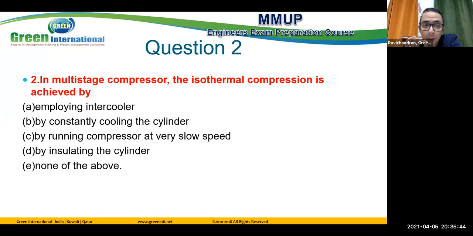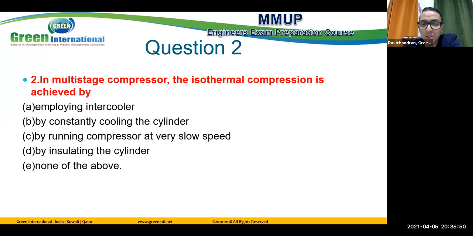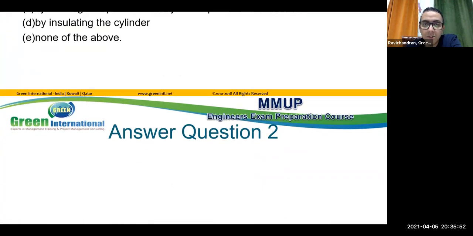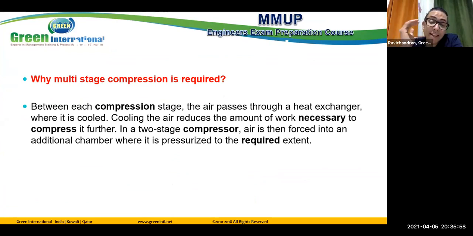Isothermal compression you can obtain by running the compressor at very slow speed, which is almost difficult to do, not applicable. So after some slides, we will see another question. As it's not applicable or slightly difficult to make this go for a reciprocating compressor to move it slowly, what is the other option? But let's see this question.